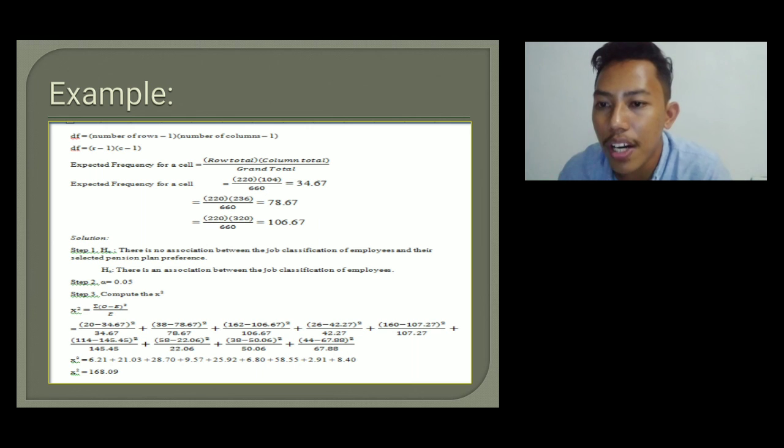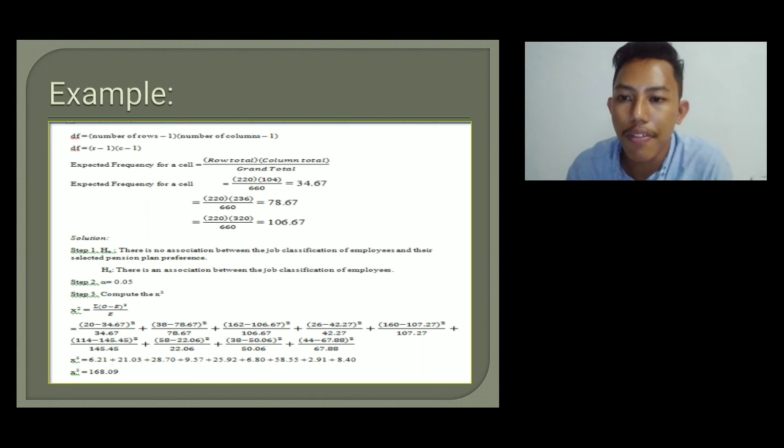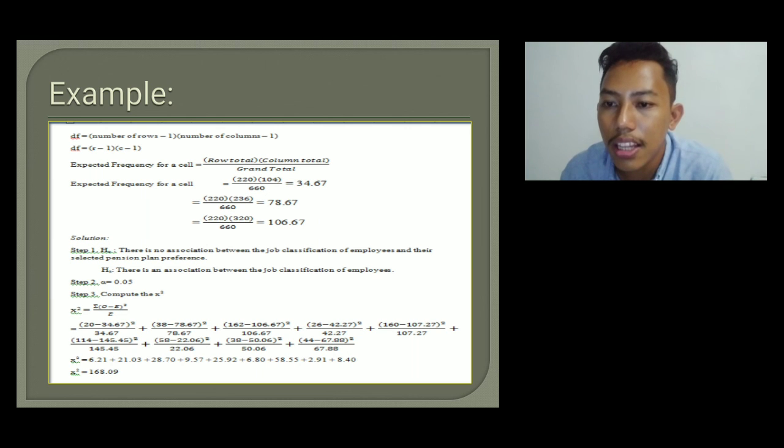The expected frequency for a cell is equal to row total times column total over grand total. So 210 times 104 over 660 is equal to 34.67. 210 times 236 over 660 is equal to 78.67. 220 times 120 over 660 is equal to 106.67.